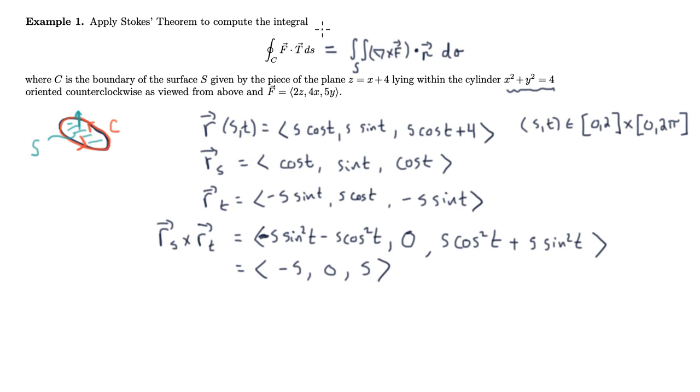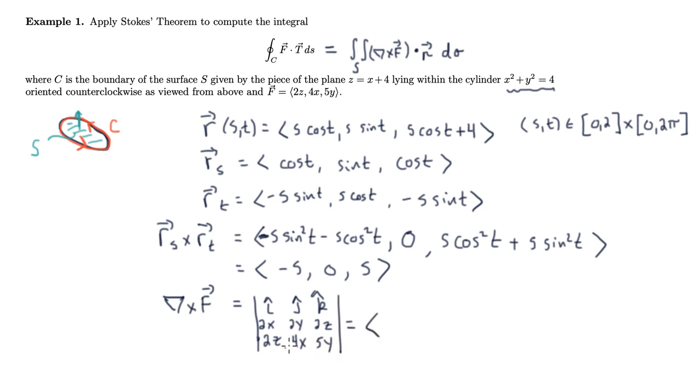All right, and then what about the curl of the vector field? Well, let's write what it is so we can practice. So we have i, j, k, partial with respect to x, y, and z. So I'm just going to put partial x, partial y, partial z for short. And then we have the x component, which is 2z, then 4x, then 5y.